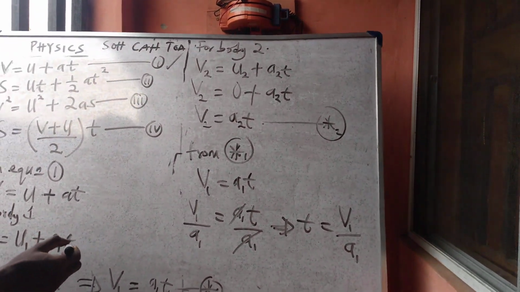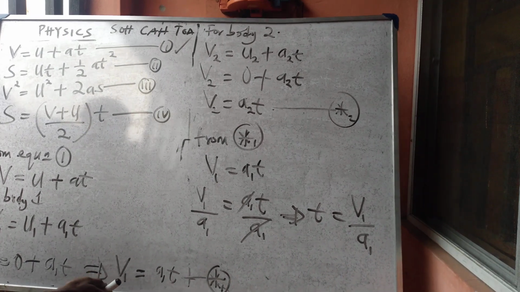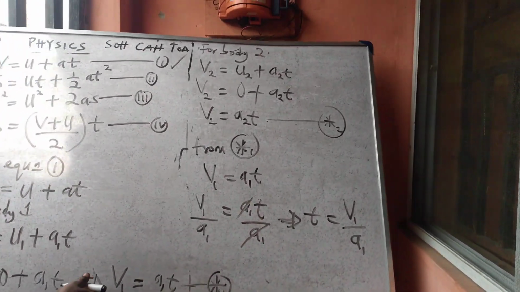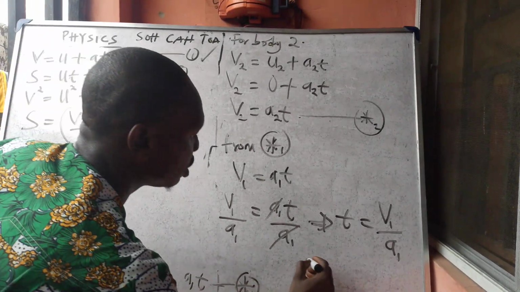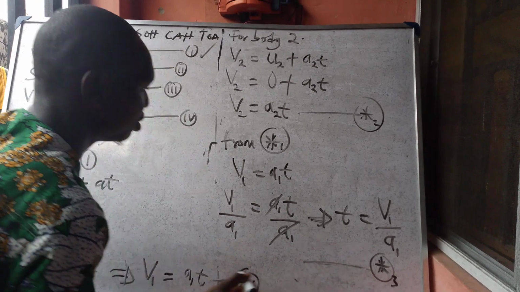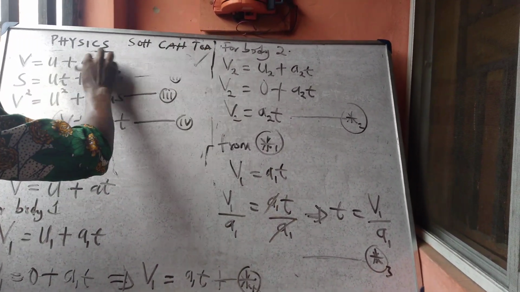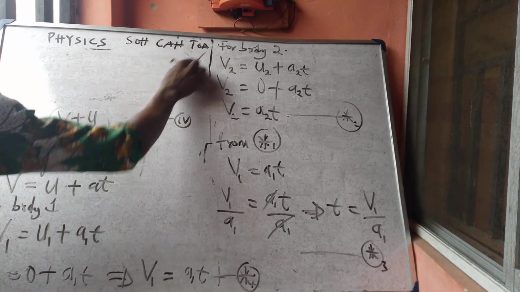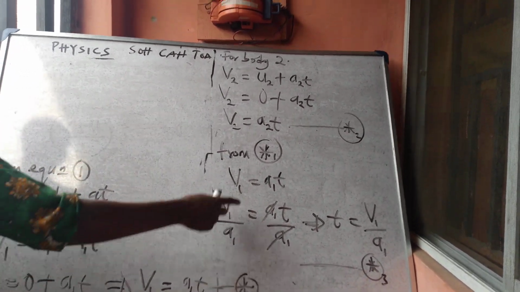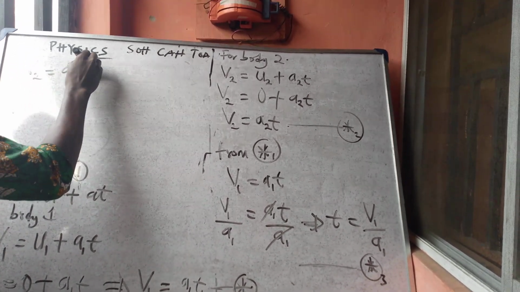Now, we are going to look at equation asterisk 2. Let us make time the subject of formula there. You can call this equation asterisk 3. From equation asterisk 2, you're having v2 equals a2 times t.